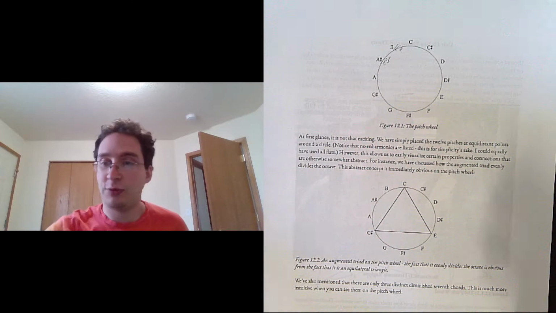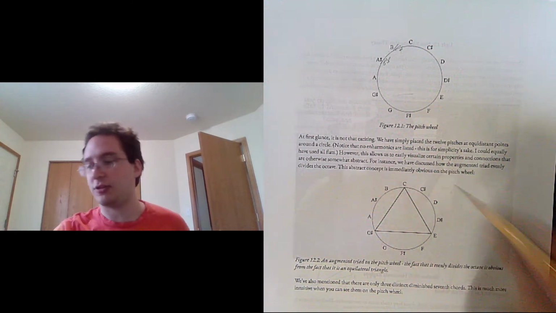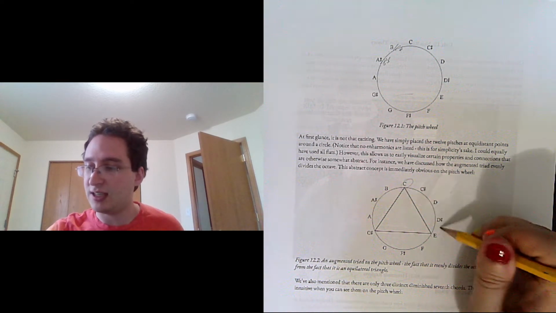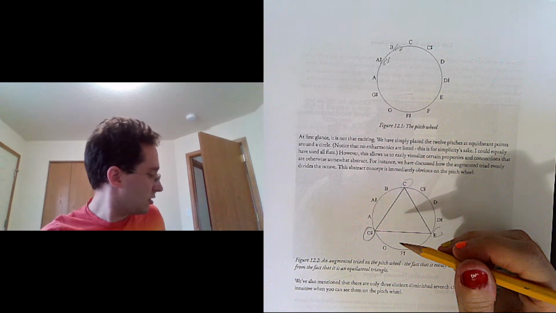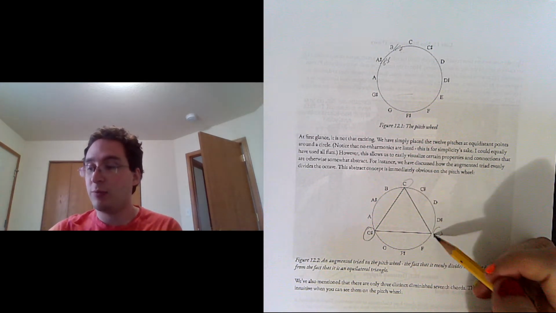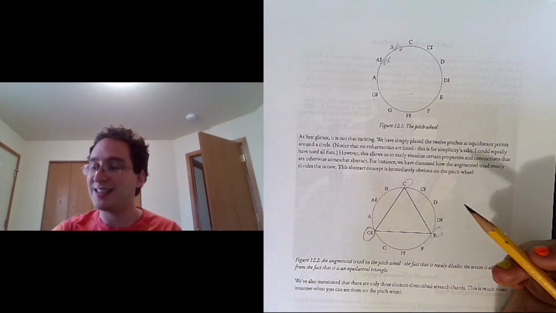For instance, we've talked about how the augmented triad evenly divides the octave. It's all major thirds. Well, it's obvious when we draw it on the pitch wheel. C, E, G sharp is an augmented triad, and we can see that the distance between each of the three notes is exactly the same.